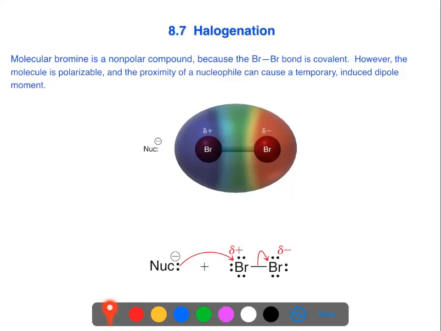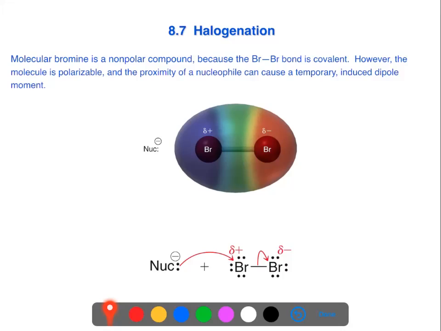The nucleophile in this section is the alkene. As the electron density of the alkene approaches Br2, there's an induced dipole moment in Br2 such that the partially positive end of the molecule will accept that electron density, and the other end, being the more electronegative part of the molecule, will also accept the original bonding pair.